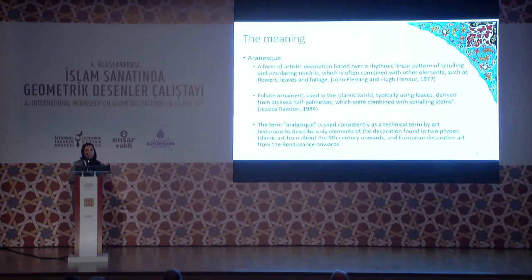What is the meaning of Arabesque? Arabesque, which is known worldwide, is a form of artistic decoration based on a rhythmic linear pattern. These patterns are scrolling and interlacing like tendrils, and are often combined with other elements such as flowers, leaves, and foliage.